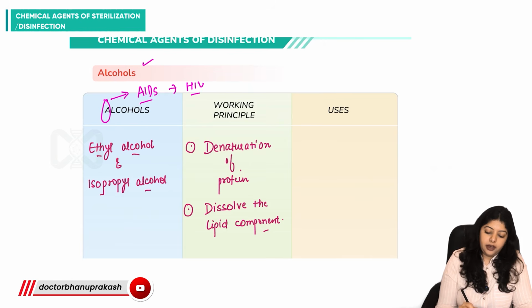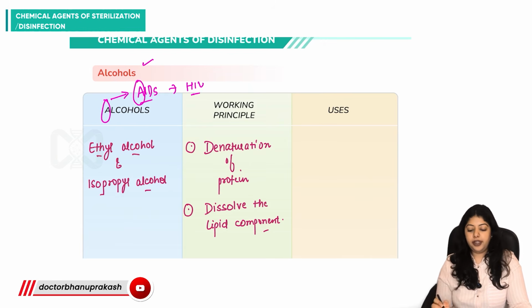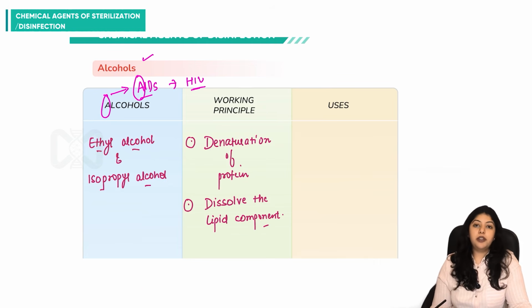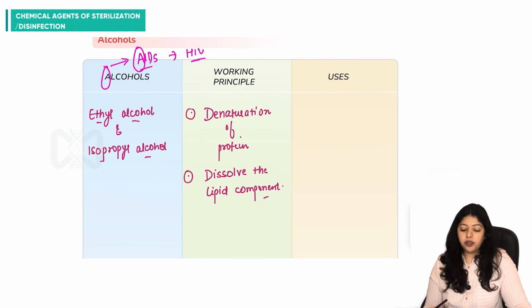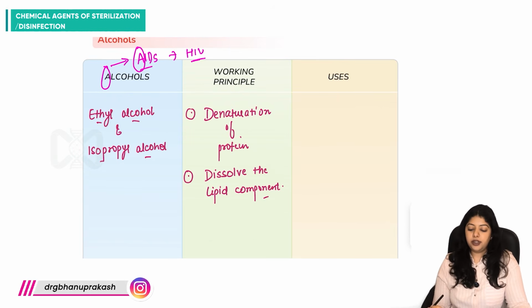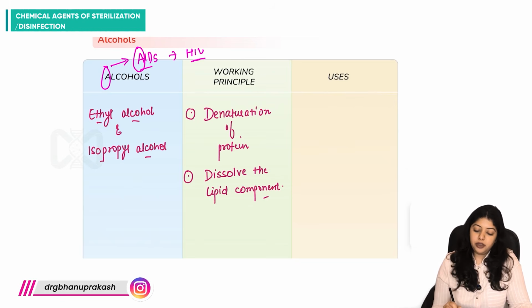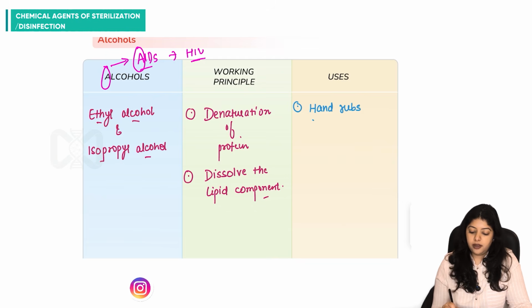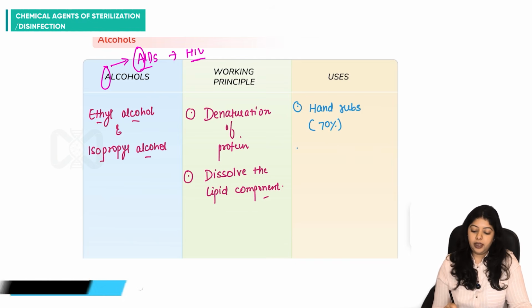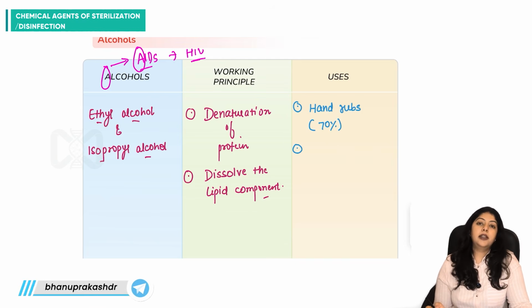So with A for alcohols and A for AIDS, we can remember that alcohols have activity against HIV virus as well. So what are the uses of these agents? Firstly, they can be used for hand rubs, where 70% ethyl alcohol is being used. Then they can also act as disinfectants for non-critical items like thermometers.